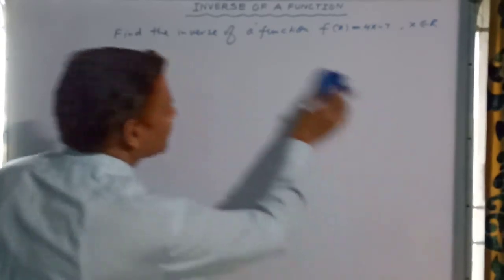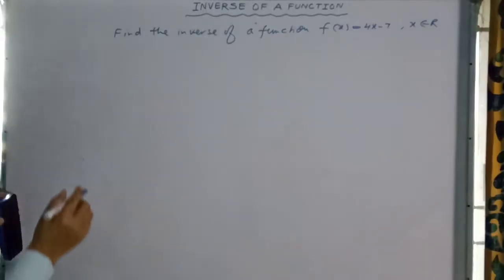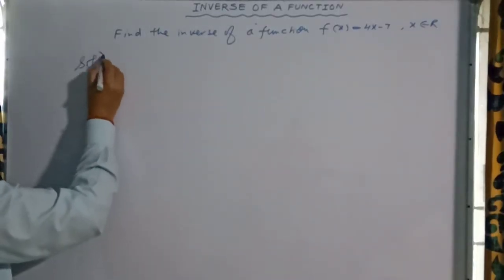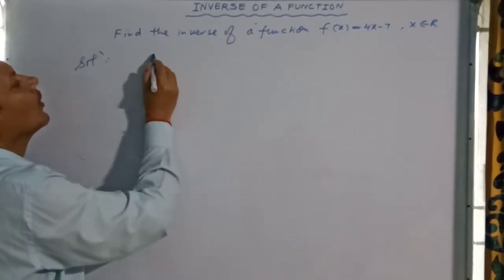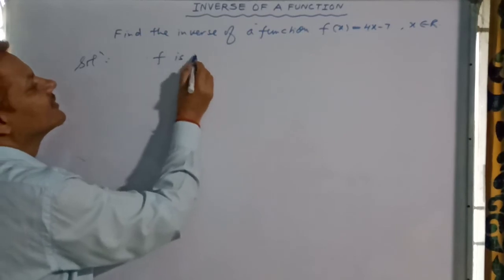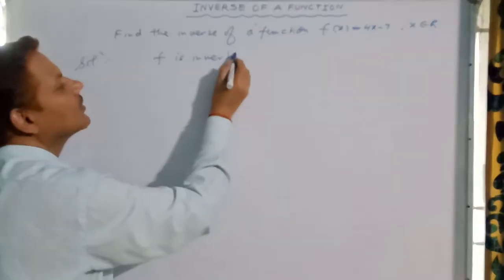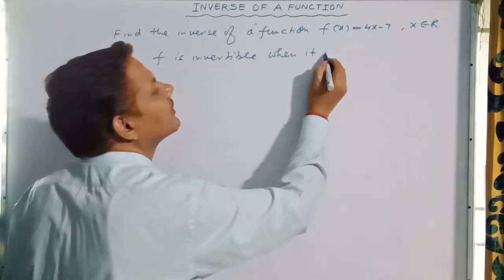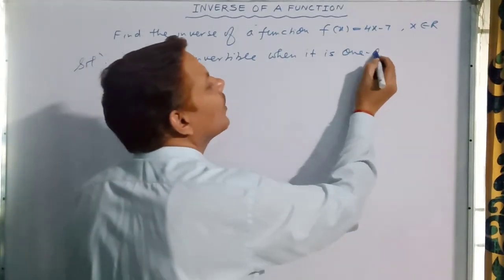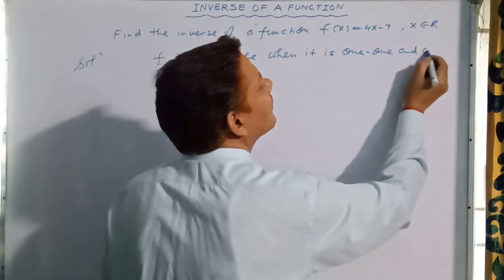Here we are free to use either the first or the second. If I do this one, then f is invertible when it is 1-1 and onto.